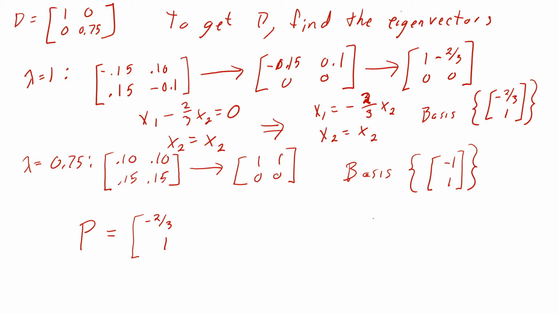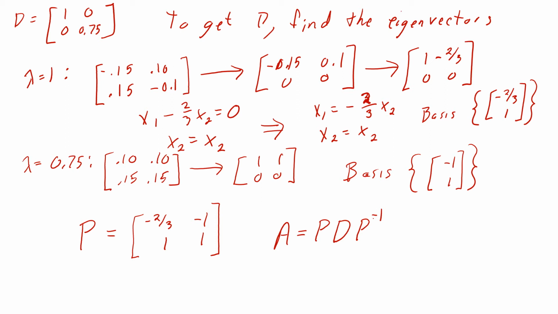So the second column in P is the basis for the eigenvalue 0.75. So make sure you keep them in the same order. And when you have that, you have that A is equal to P D P inverse.